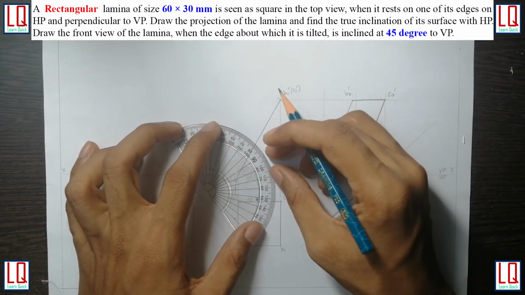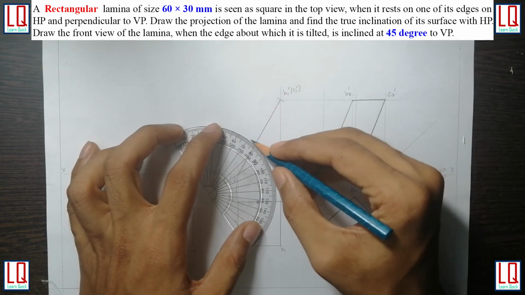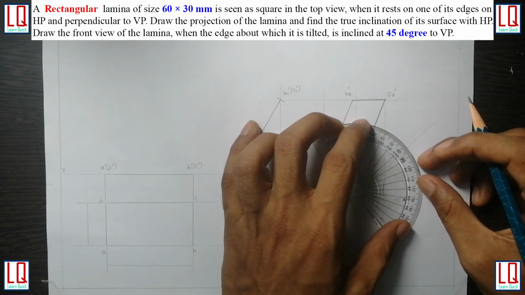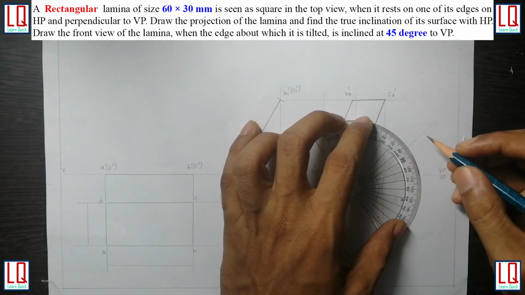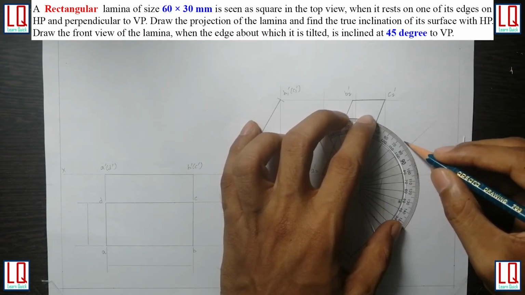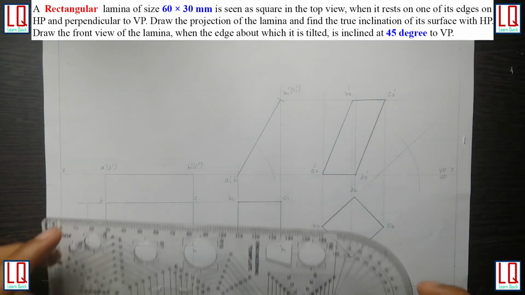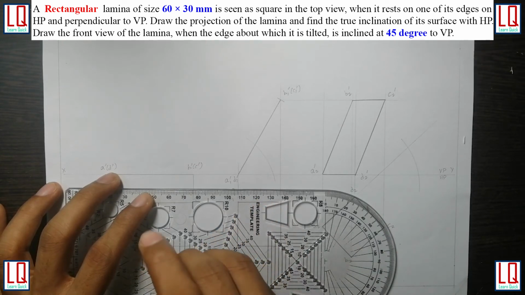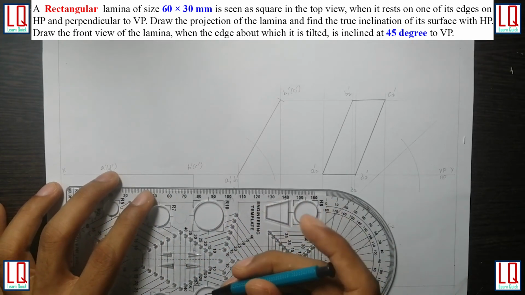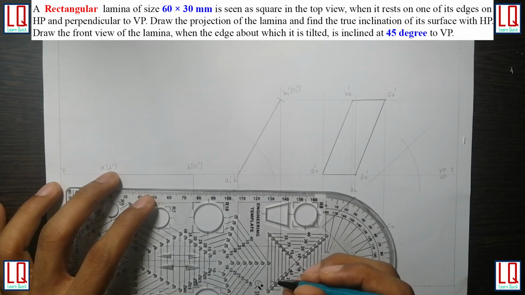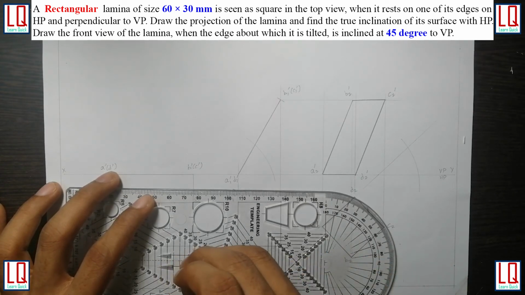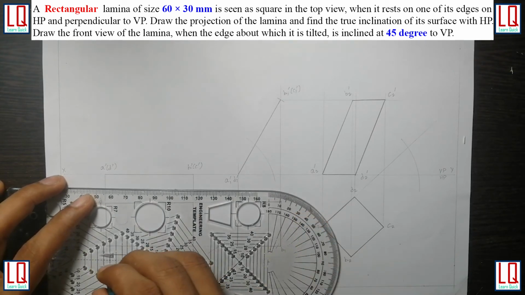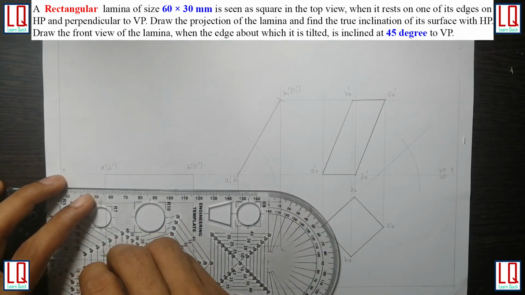This angle is the unknown angle, which I have to measure and find, and this angle is given in the question, that is 45 degrees to VP. To draw the arrowheads, I use my engineering template. You can also draw these arrowheads manually, making sure the arrowhead ratio is 1:3.